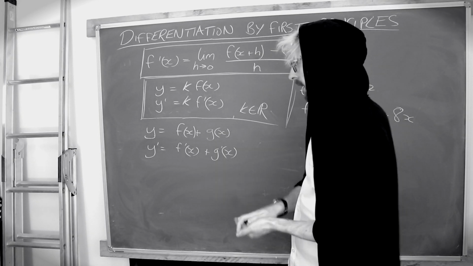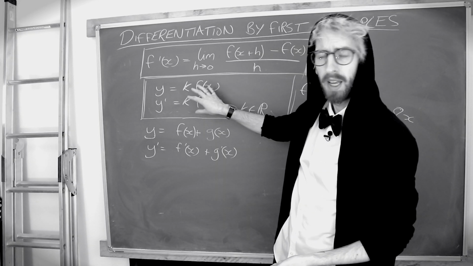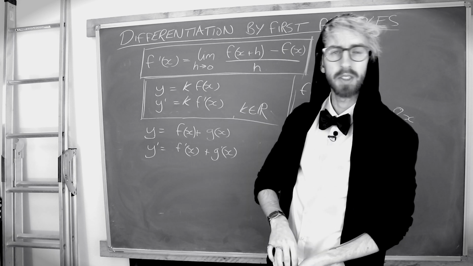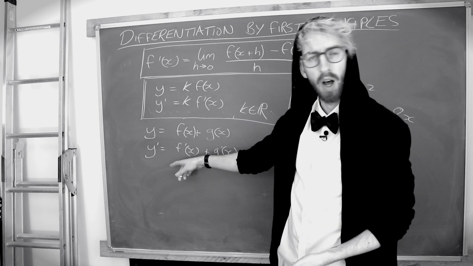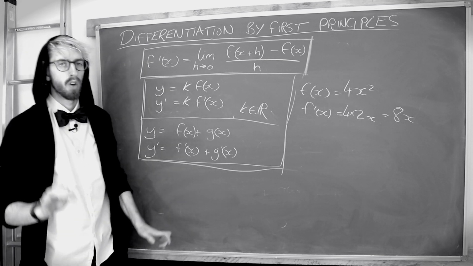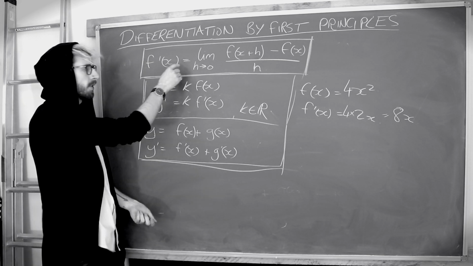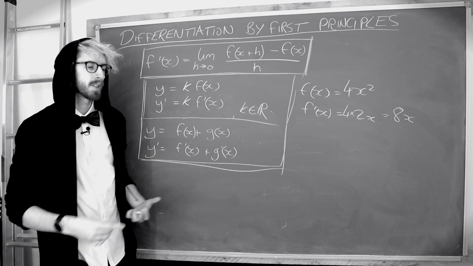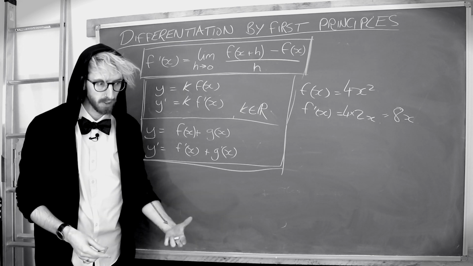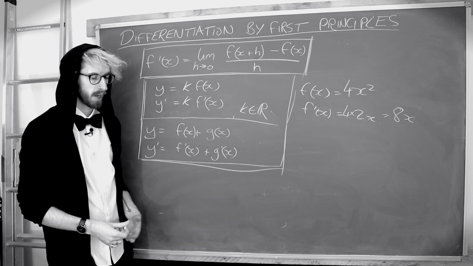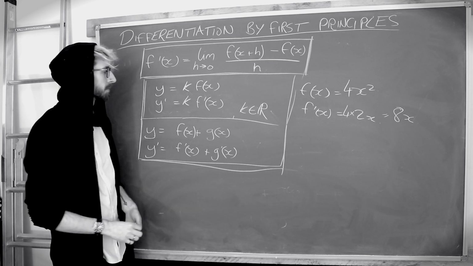So, right, here we go. I have rewritten this one in terms of y and y prime, just so it matches this one, of y and y prime. All this really means is that this is differentiation by first principles. You sometimes need it to prove things. So you might have to prove that this is this by first principles.